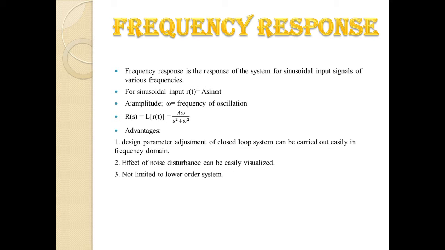There is also a correlation between the time and frequency domain performance of a linear system, which can easily be predicted using the frequency domain specifications. And most importantly, the frequency response is not limited to lower order systems. That means in the case of higher order systems, we can easily apply frequency response analysis.